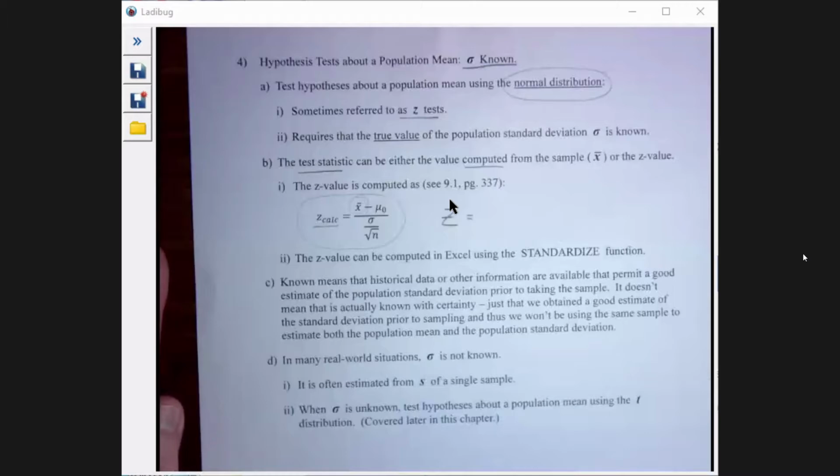There's not time to go back and fill you in. You're going to be expected to know it. So what's the formula for computing a z-value? Somebody tell me, please.